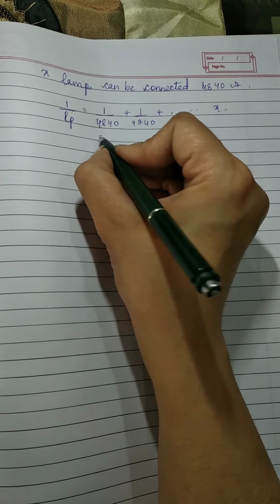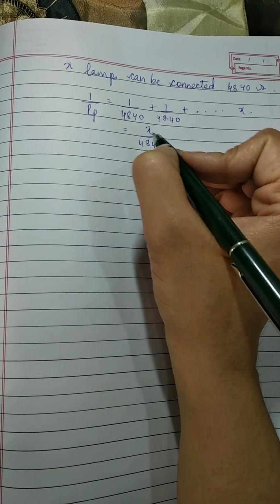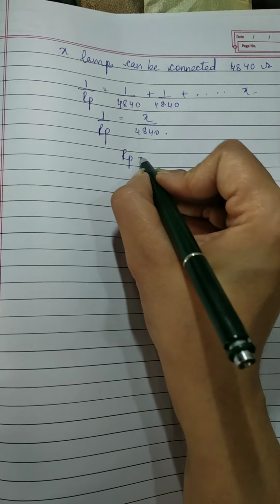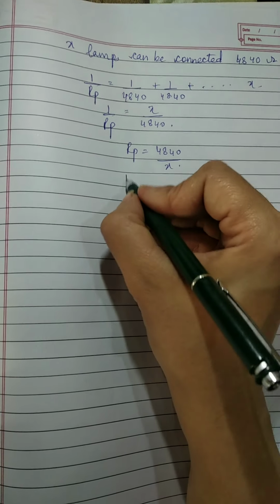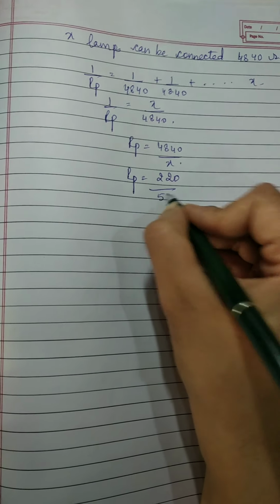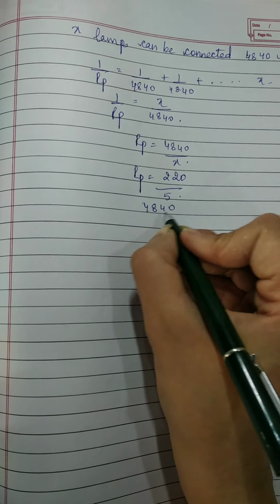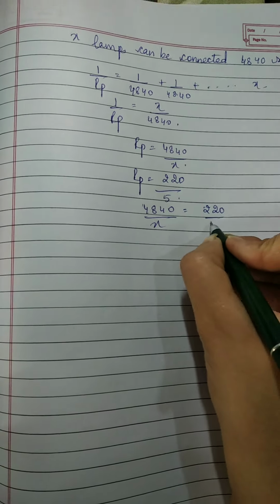X times. So we get X upon 4840, just as we did in question number 10. So Rp is 4840 upon X. Now this is supported by how much? 220 volt line and 5 ampere of current. Therefore, I can write 4840 upon X is equal to 220 upon 5.